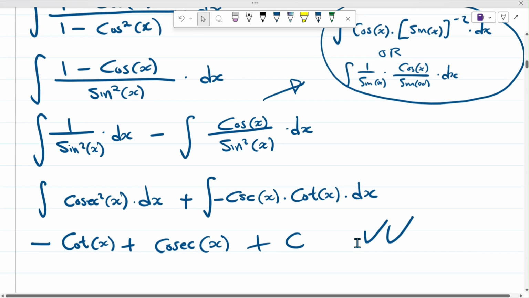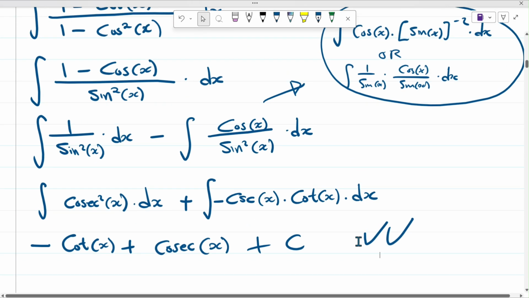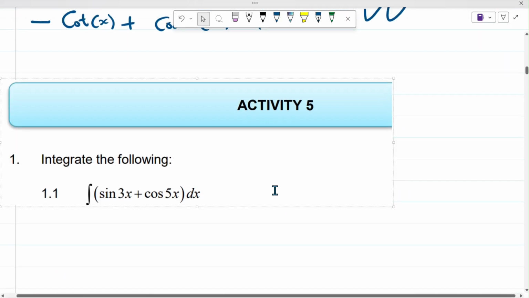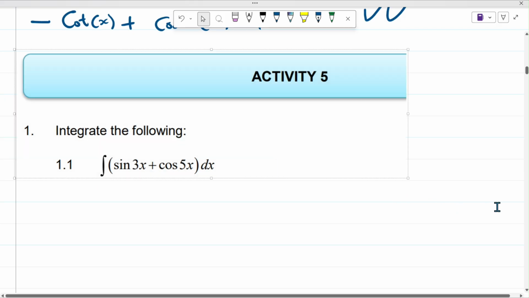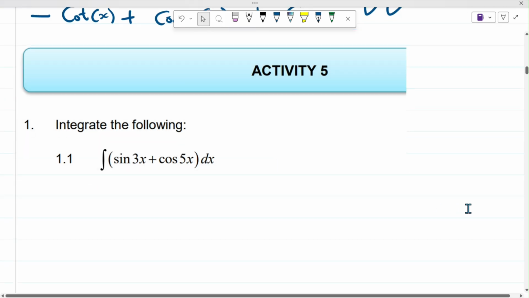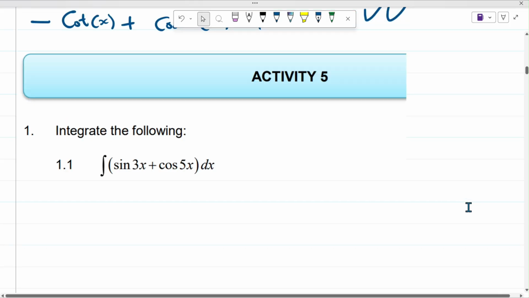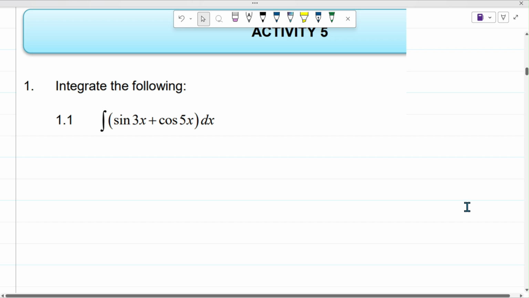So yeah, that's it. Let's quickly discuss this activity then, and we'll be fine from there. Here we're required to integrate the following questions under activity 5. For number 1, we've got the integral of sine 3x plus cos of 5x dx.